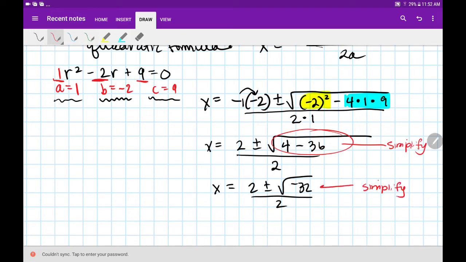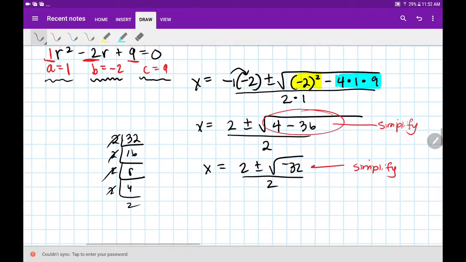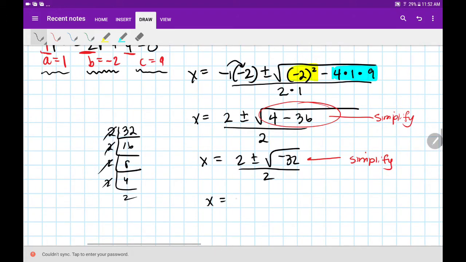Simplify again. However you break down square roots, you're going to use that method. It might be a factor tree. I use this method with my class. So we're always pulling out the doubles. So do it your way, but check if you would have got 4 square root 2.